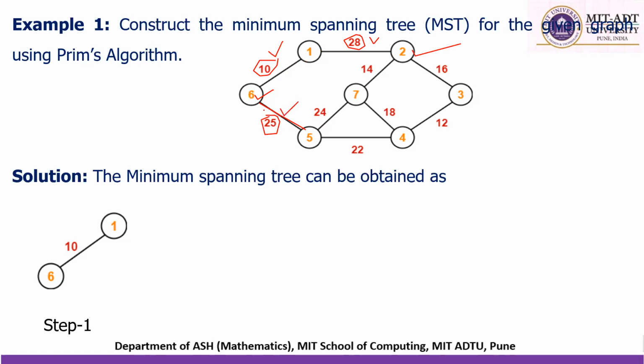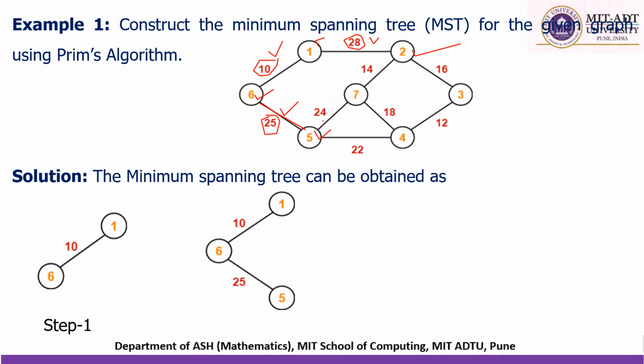So we again select the edge 6, 5 whose weight is 25. So in step number 2, we selected another edge of weight 25. Now after that, if we go to 1 and 5, 1 is connected to 2 by the weight 28.